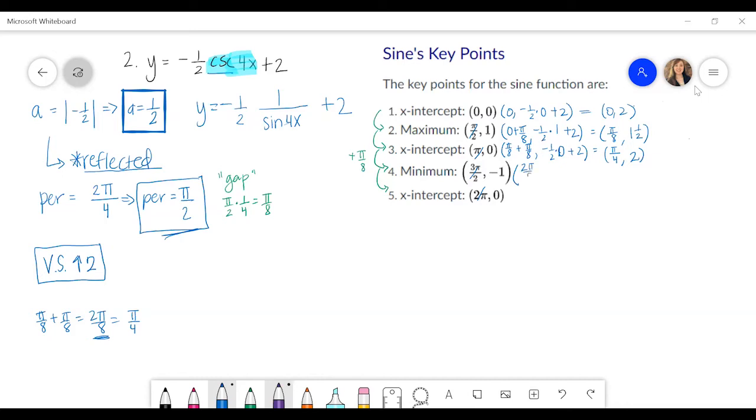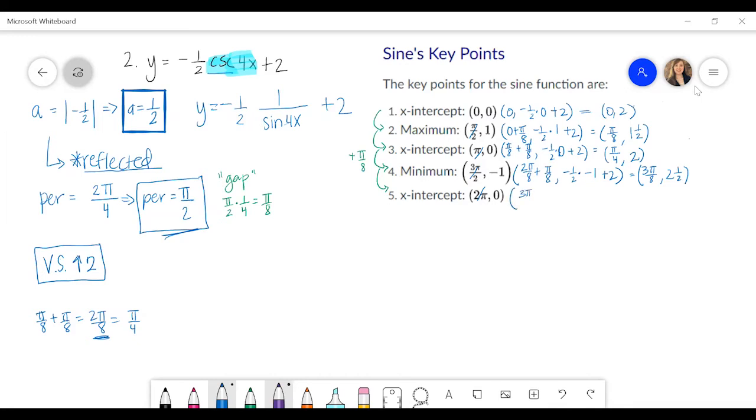So 2 pi over 8, equivalent to pi over 4, plus pi over 8, that's the gap, and I'm saying negative 1/2 times negative 1 plus 2. So that's 3 pi over 8, and then positive 1/2, so 2.5, again, adjust to decimals or improper fractions, whatever you're comfortable with.